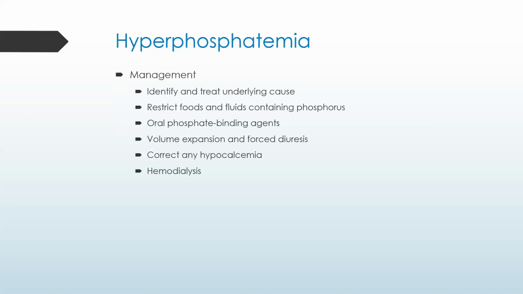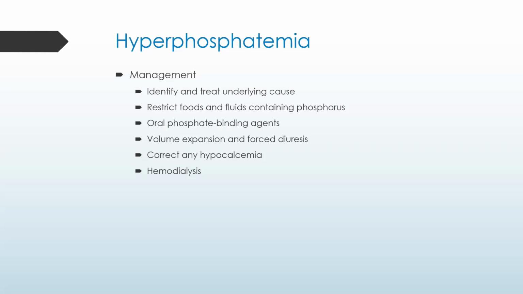The primary management of hyperphosphatemia is identifying and treating the underlying cause. Ingestion of foods and fluids high in phosphorus, such as dairy products, should be restricted. Oral phosphate binding agents or gels like calcium carbonate limit intestinal phosphate absorption and increase phosphate secretion into the intestine.